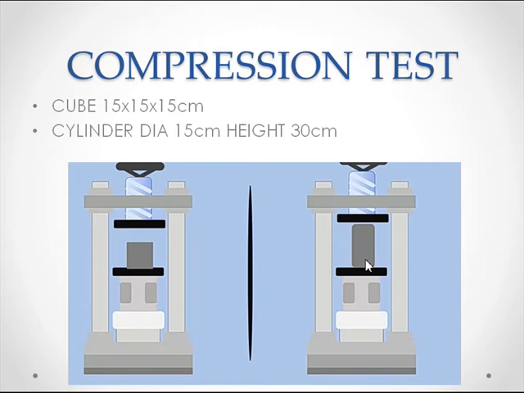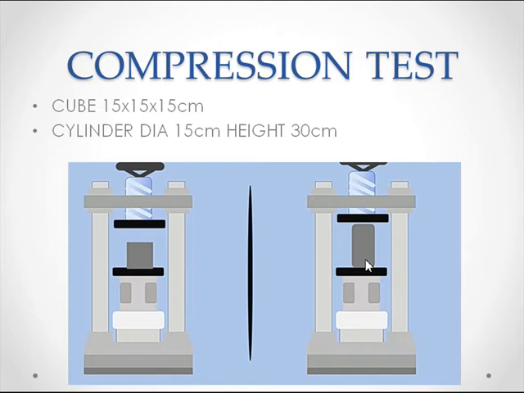We have to grease the molds, place the concrete in 4 layers by giving 35 tamping in each layer in case of cube sample, 25 tamping in case of cylindrical sample using standard tamping rod.